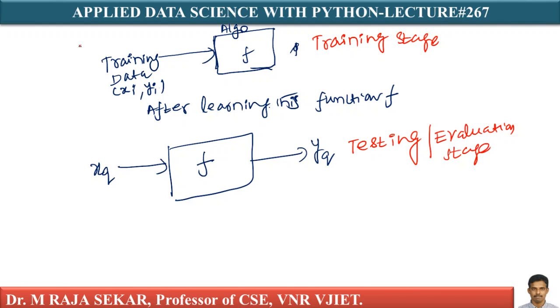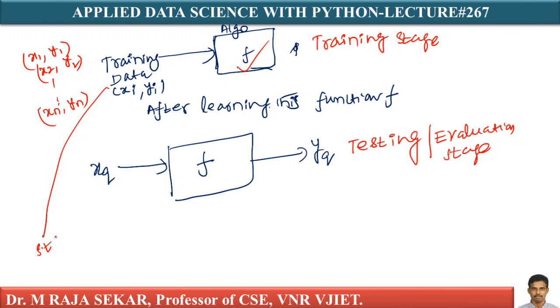In the case of training, let's say there are n points: x1, y1, x2, y2, and so on, up to xn, yn. This is my training data. Using all this data, we are trying to learn a function f such that yi equals f of xi.